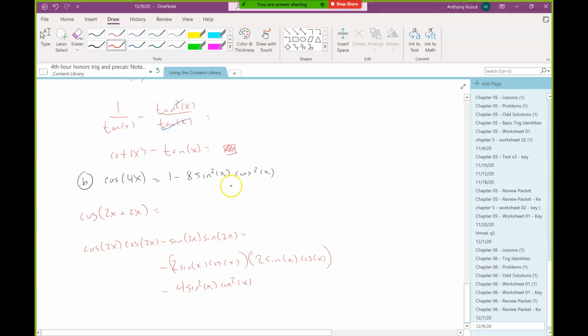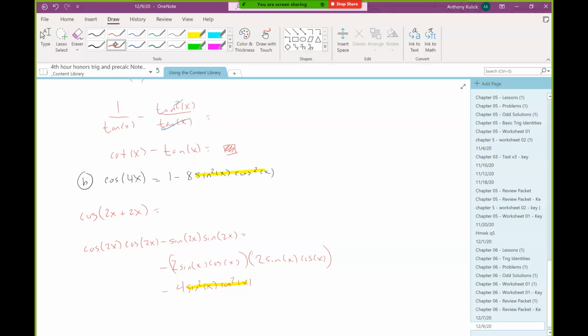Or really 4 sine squared x cosine squared x. If I look at my answer here, I see that I do have 8 of those, but I'm going to need more than just 8 of those. So we'll have to be careful there. And then this cosine 2x, I left for a moment because there's 3 options for cosine 2x, and we're going to have to think carefully about what we need there.